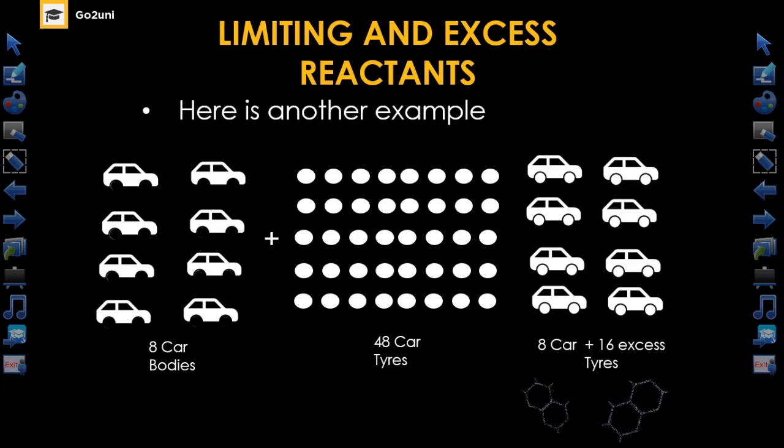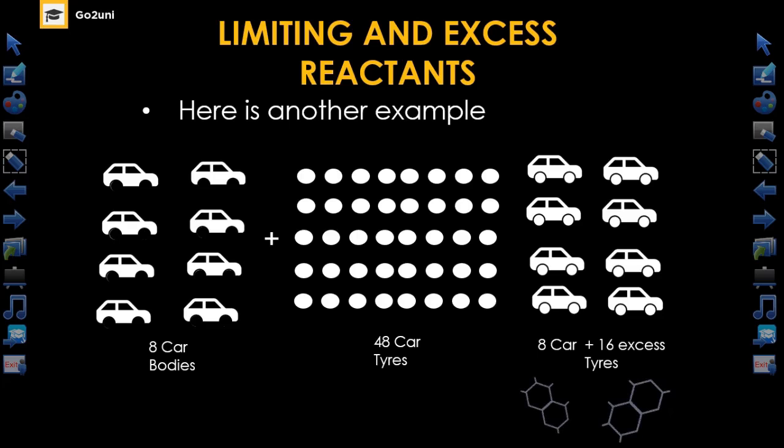Each of these 8 car bodies needs 4 tires. So let us assume that the car bodies and the tires are our reactants, reactant A and reactant B. When the car bodies react with the tires, each of the car bodies needs 4 tires.